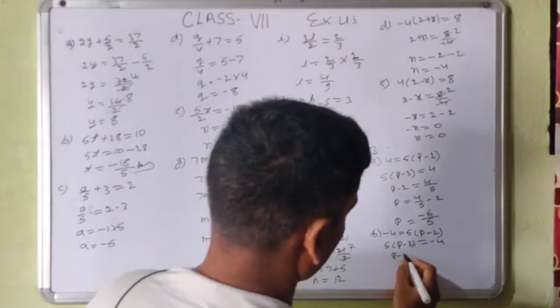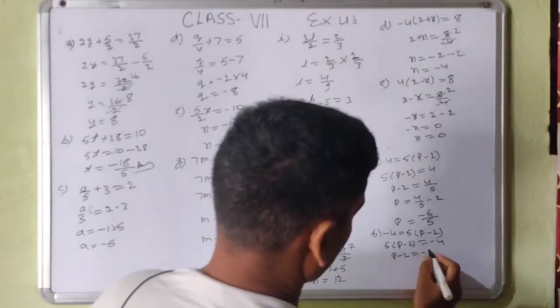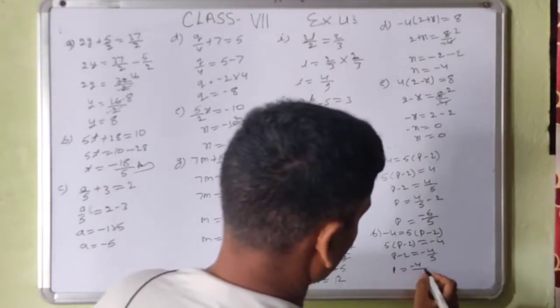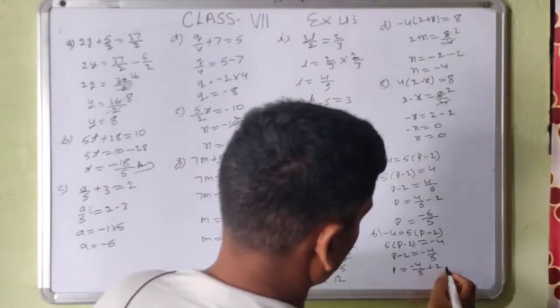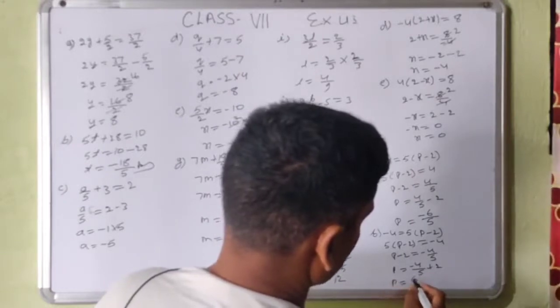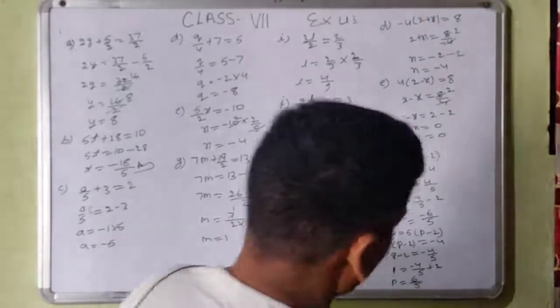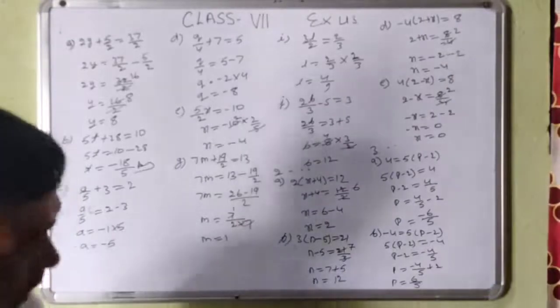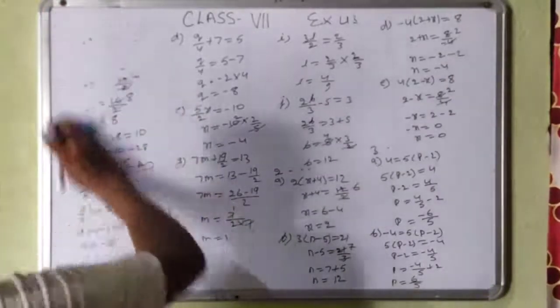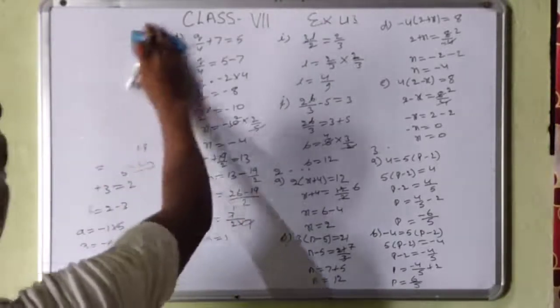So p minus 2 is equal to minus 4 upon 5. So p is equal to minus 4 upon 5 plus 2, that will be 5 2s are 10, so p is equal to 6 upon 5 in plus. And then B part has done. C part.